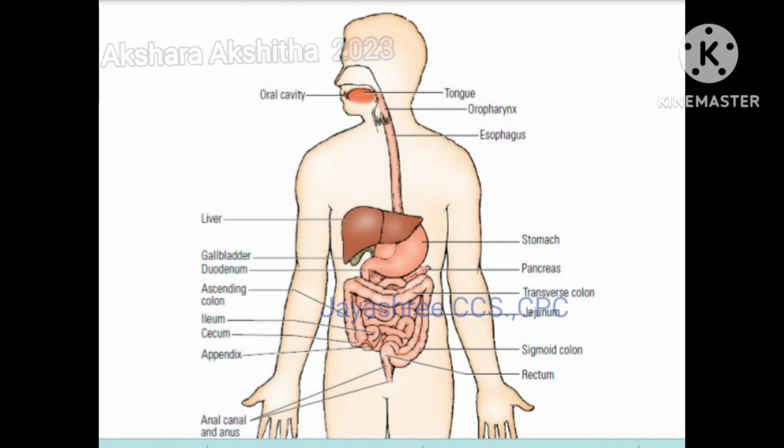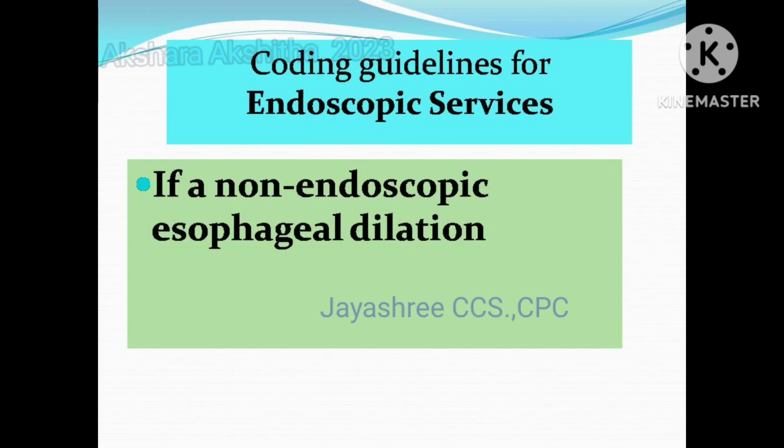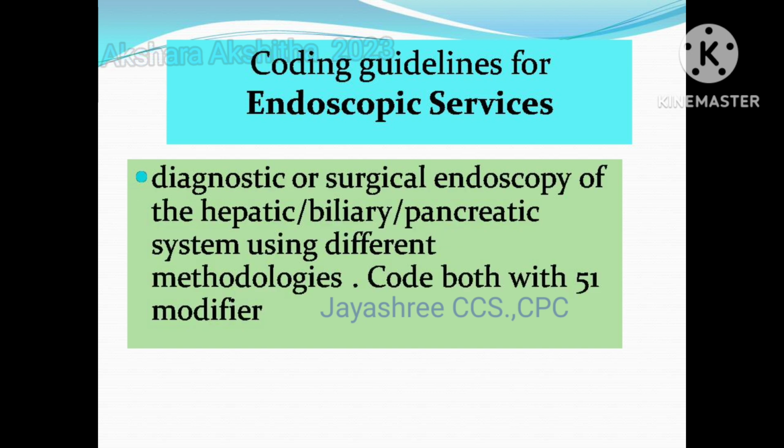non-endoscopy esophageal dilation procedure codes 43450, 43453 fail and it is followed by endoscopy esophageal dilation procedure, that is 43213, 43214, 43233. So only endoscopy esophageal dilation procedures we have to bill. Okay, so failed procedures, as we know already, all failed procedures we cannot bill separately.